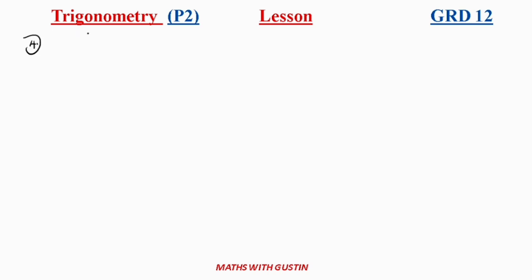We need to know the square identities. Remember, in grade 11 you only did one identity, so here these are the ones that you are going to use, square identities. Right, so now here, guys, this one is from grade 11.